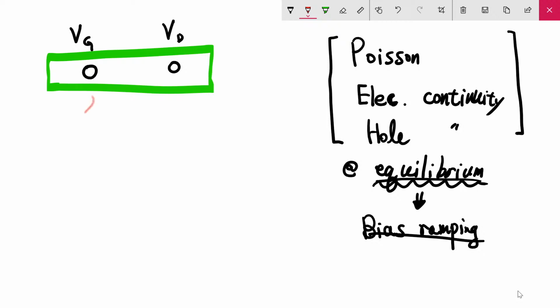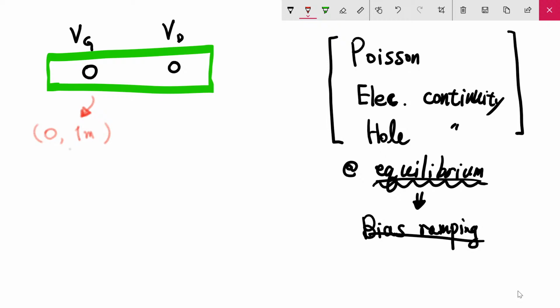The most important one is just to increase the pair of VG and VD into 0 and 1 millivolt. Simply speaking, just increase your drain bias only up to 1 millivolt, so quite close to your equilibrium case.